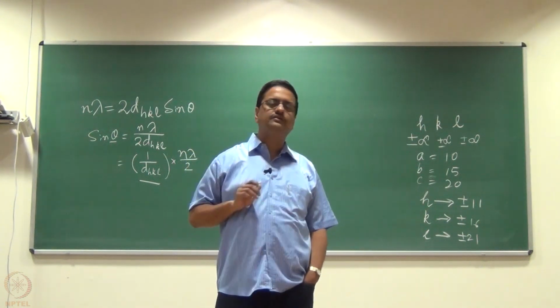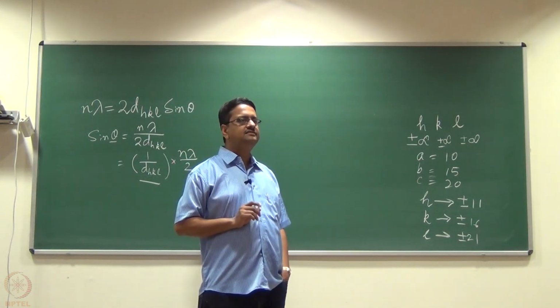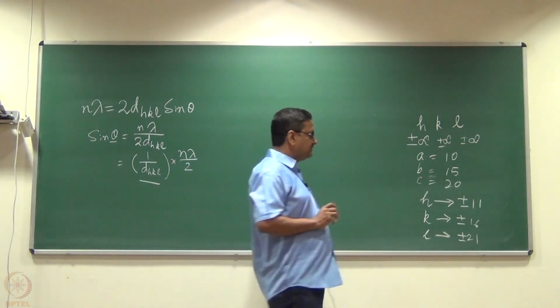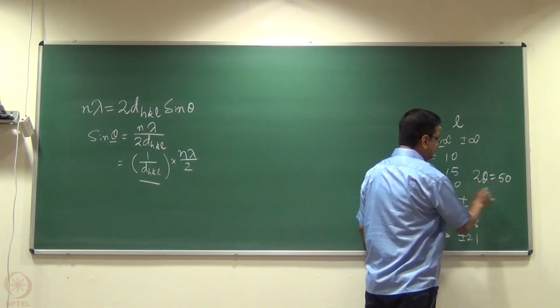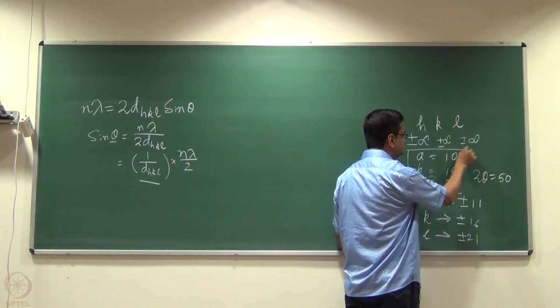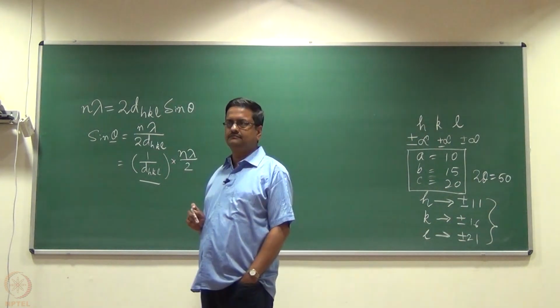That is the IUCr requirement for a full data set for a routine structure solution. So if you want to collect data up to 2 theta equal to 50 degree on such a unit cell, this set will represent a full sphere data.